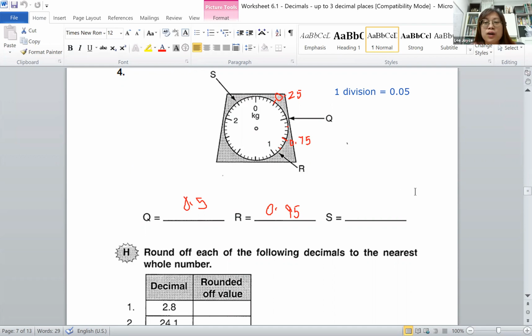Okay, your turn to try question S. Each of you has to take a closer look at the diagram and see how each division is represented by 0.05. Okay, now you'll try question S. Then you tell me.